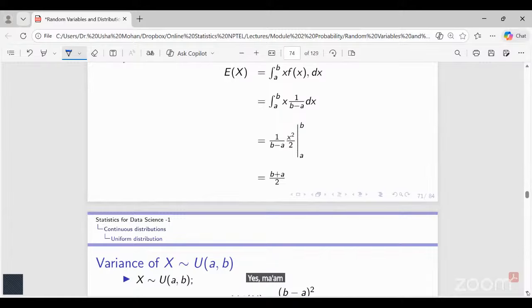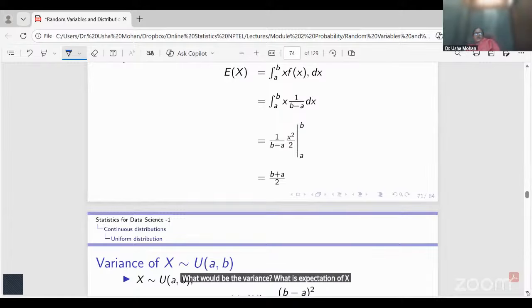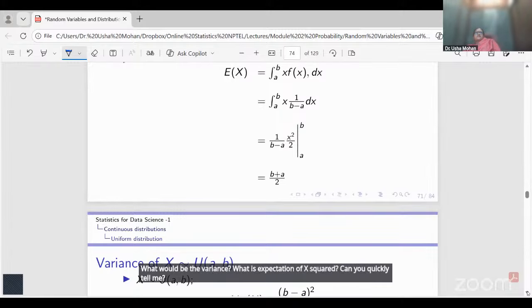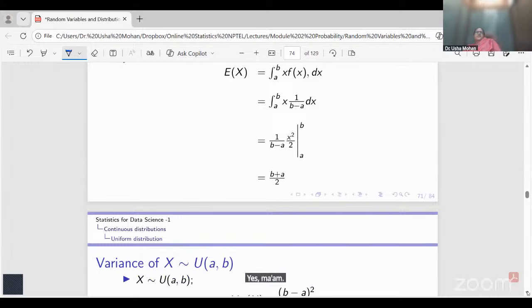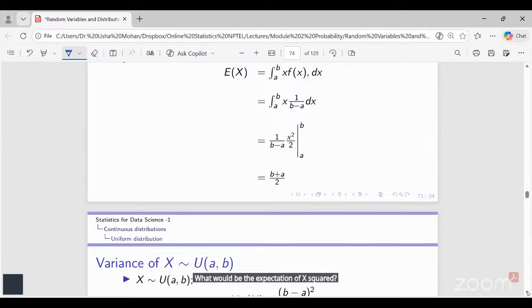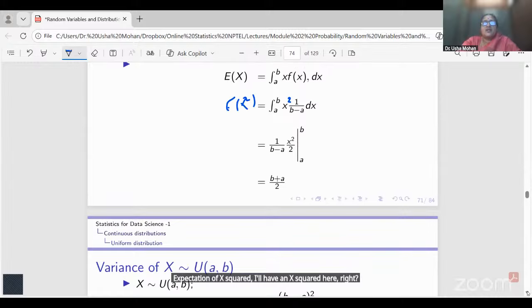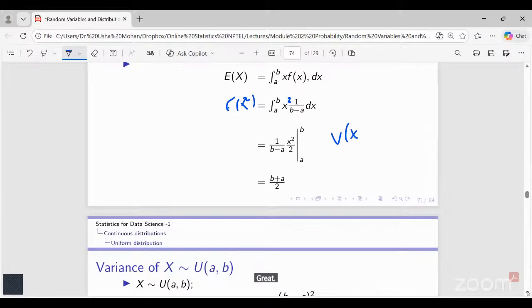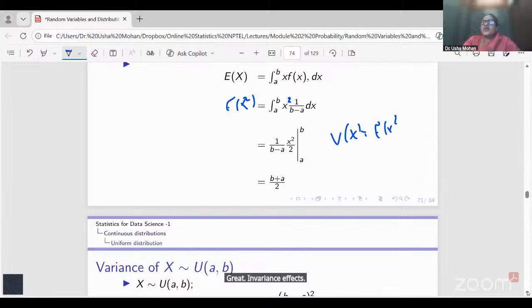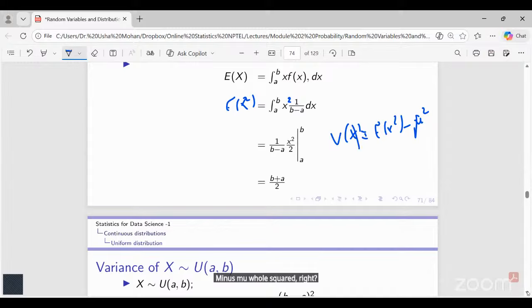What would be the variance? What is the expectation of x square? Can you quickly tell me? Expectation of x square, I'll have an x square here, right? Variance of x is expectation of x square minus mu whole square, or expectation of x whole square. So what do I get?